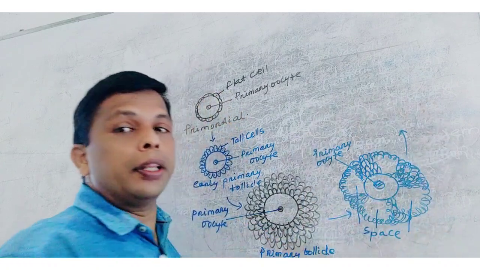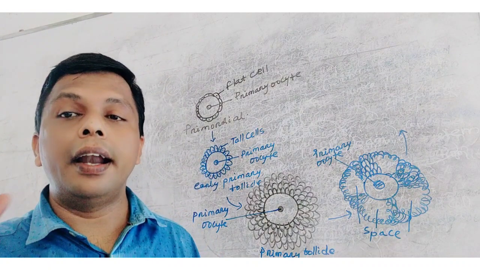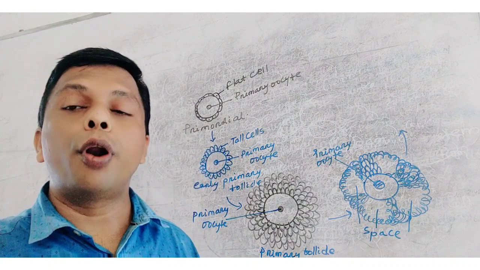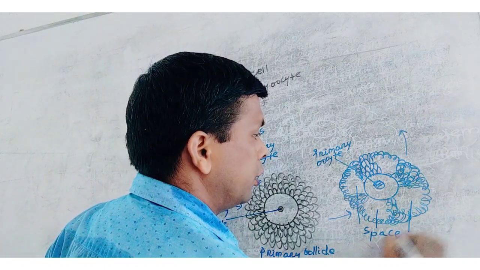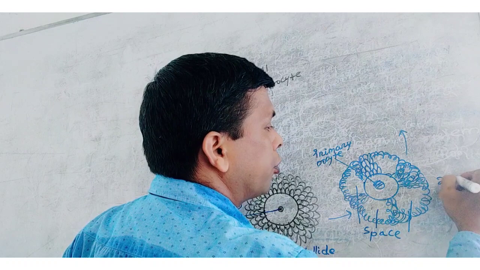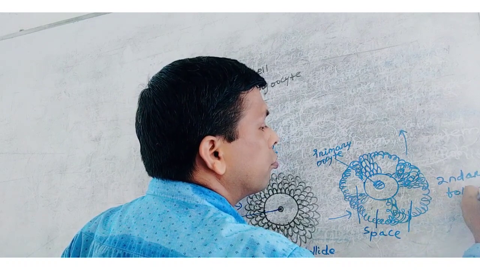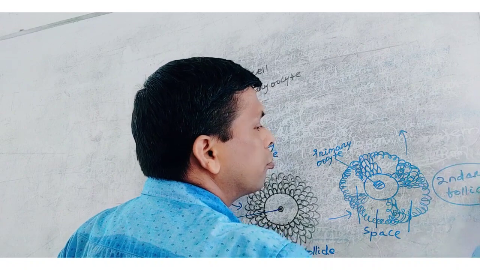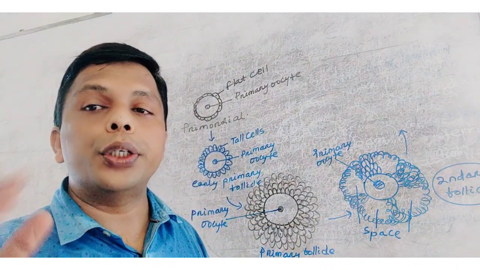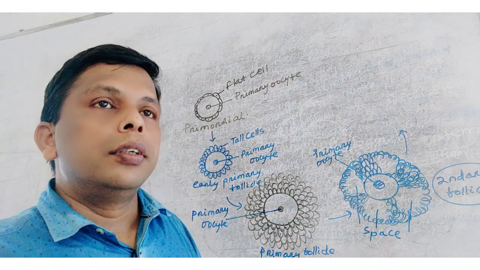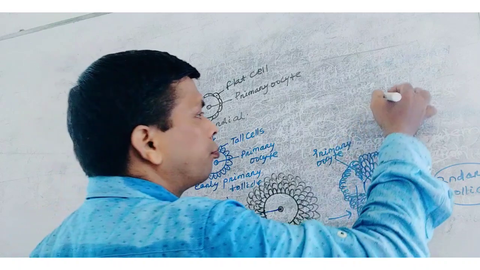What happened after that? This secondary follicle produces the tertiary follicle. What are the changes that take place here? Let's see.